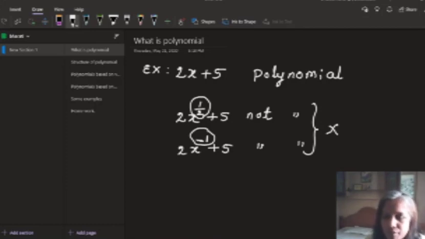I think it is very clear now. Everything you have learnt in algebraic expressions will be polynomials, except that you have to take care that there should not be any fraction power or negative power. That's it. Apart from that, every algebraic expression is a polynomial.